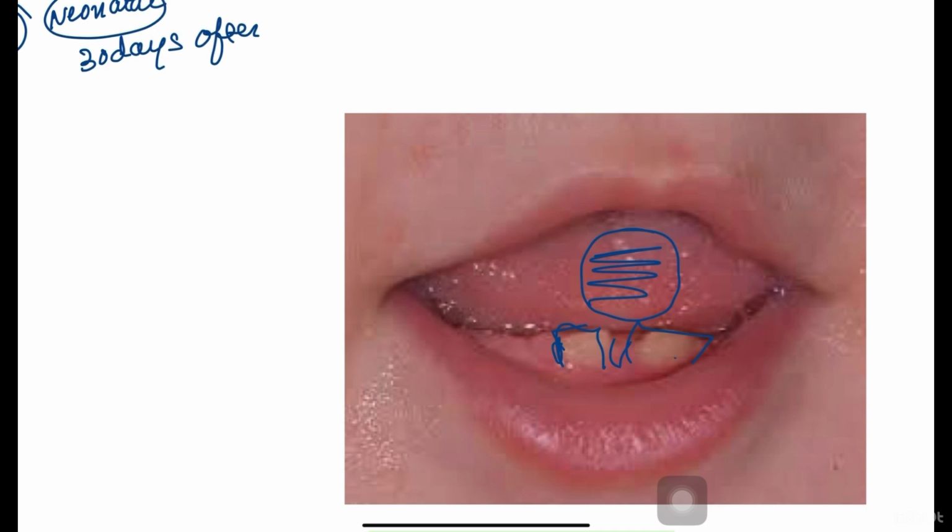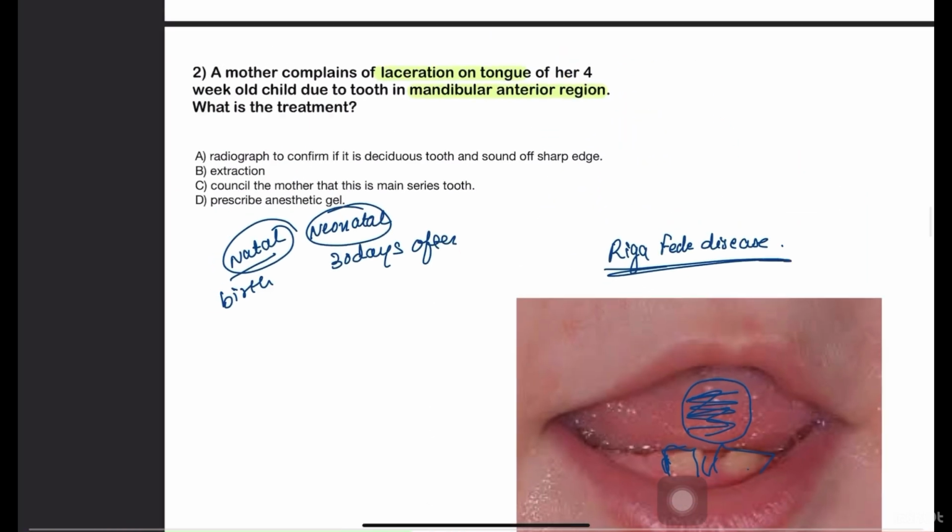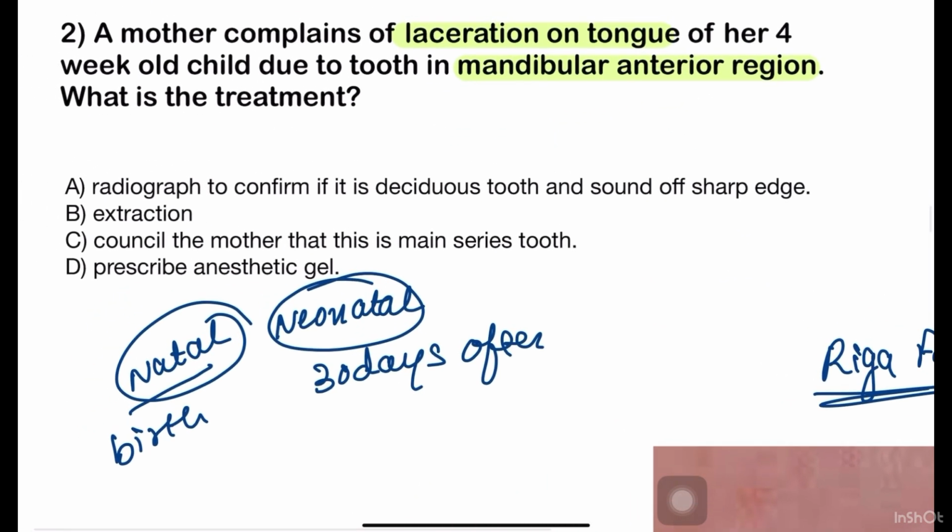This disease is known as Riga-Fede disease. अब इस डिजीज़ में लेसरेशंस हो जाते हैं वेंट्रल साइड ऑफ द टंग में. हमें दिया है that there is laceration on the tongue due to the tooth present in the mandibular anterior region. So here the answer is take radiograph to confirm if it is deciduous tooth and smoothen the sharp edges.